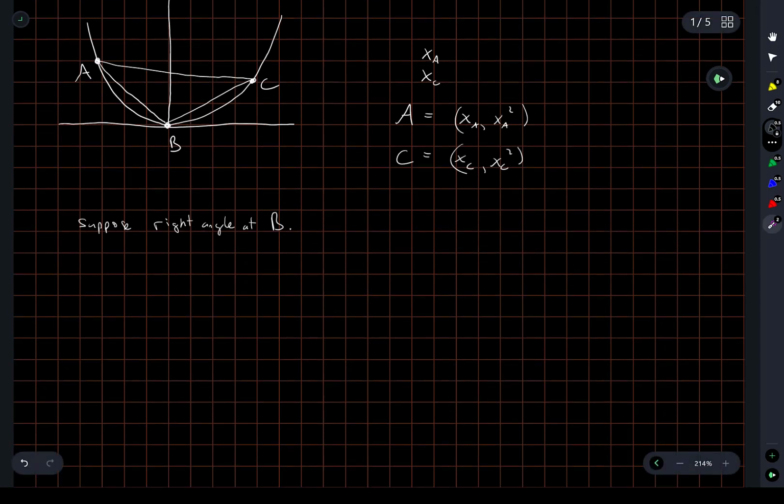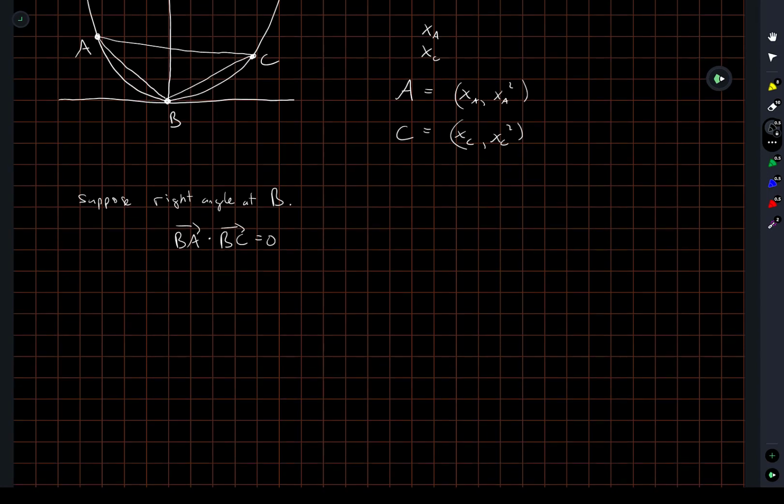This should give us a relation between XA and XC, because if we think of BC as a vector and BA as a vector, then the dot product between them will be 0. So BA dot BC is equal to 0. Because the point B is the origin, the coordinates of these vectors are really just the coordinates of these points. So this means that XA XC plus XA squared XC squared is equal to 0.